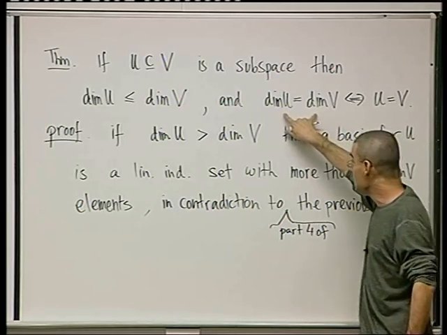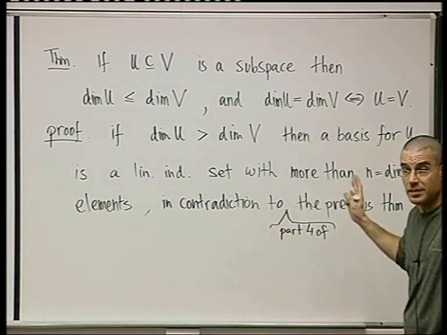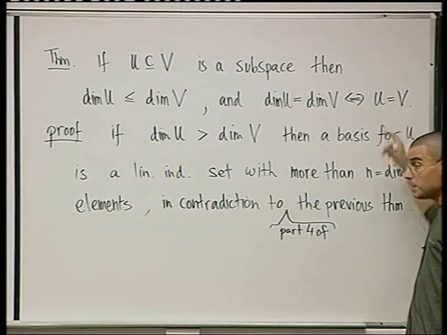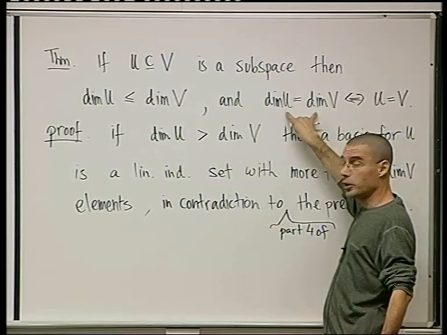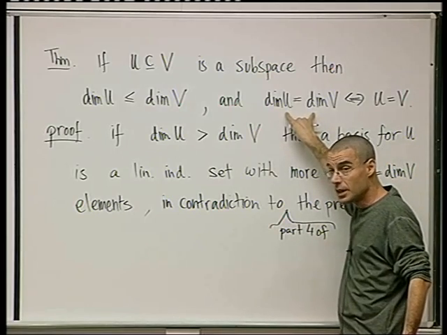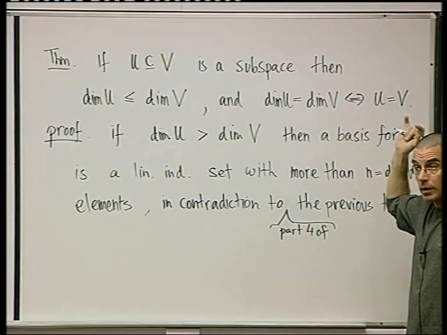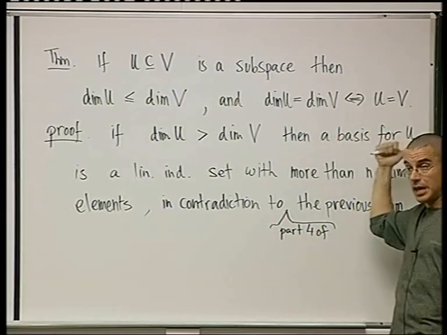All we know is that these two things have the same number of elements in a basis. That's all the dimension is. Why does it force them to be precisely the same thing? Why can't we find a four-dimensional subspace inside V, which is not all of V? Okay, clear? Is it clear why there's still something to say in this direction?